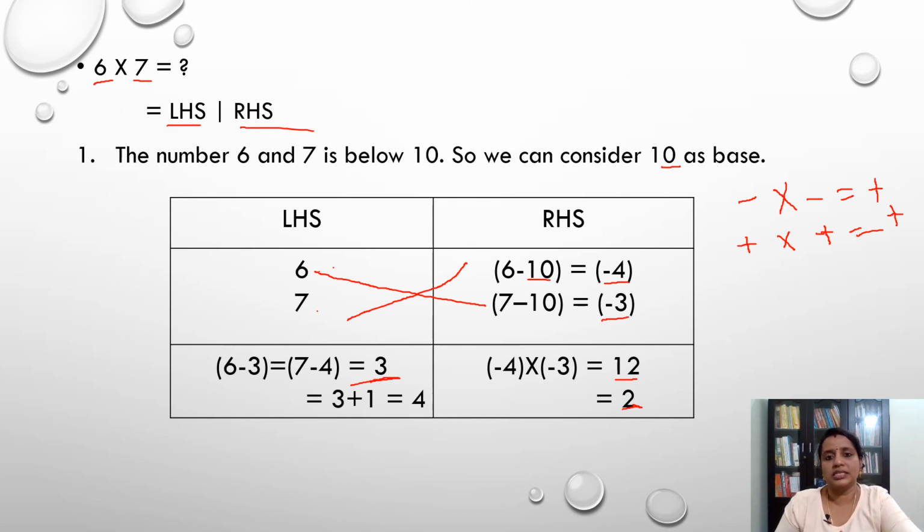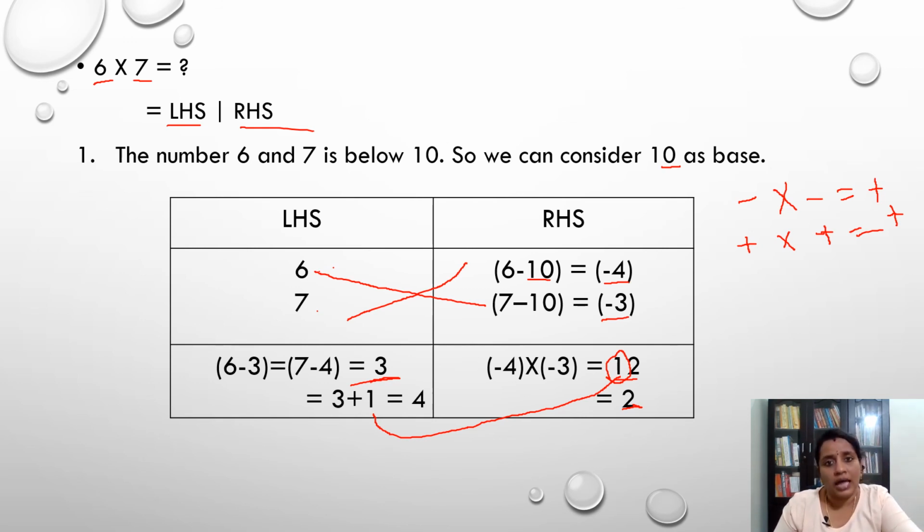What will be my next step? I have to add this 3 to the number which is carried over. The number which is carried over here is this 1, isn't it? Yes, this 1 is carried over here. So 3 plus 1 is equal to 4. Because in RHS, the number of digits should be equal to the number of zeros of the base. The base is 10, so RHS can have only a single digit.